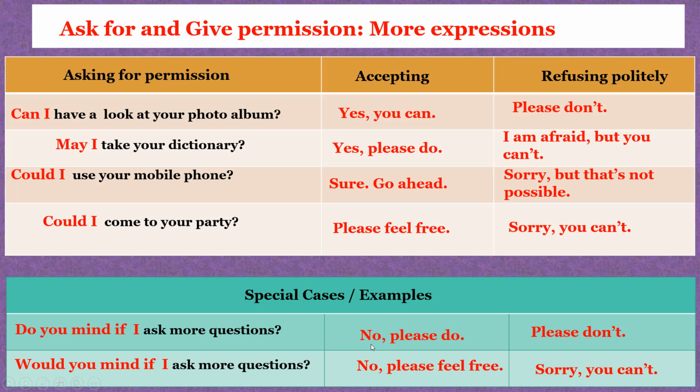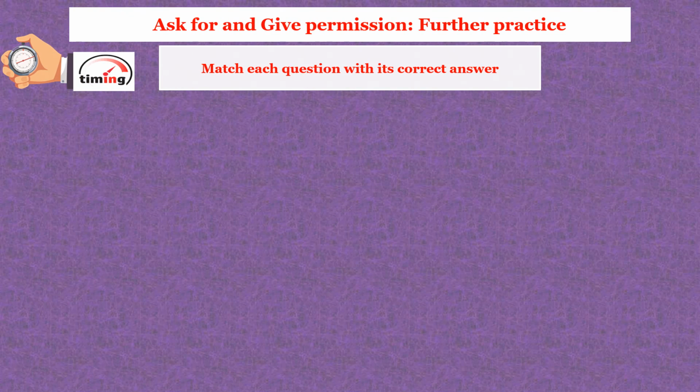But here, to accept we say no. When you ask permission using do you mind if I, it means do you have a problem if I ask more questions? Do I disturb you if I ask more questions? Of course, to accept we say no.